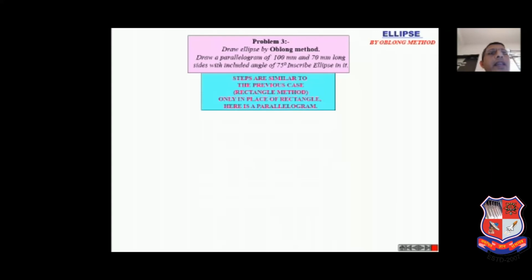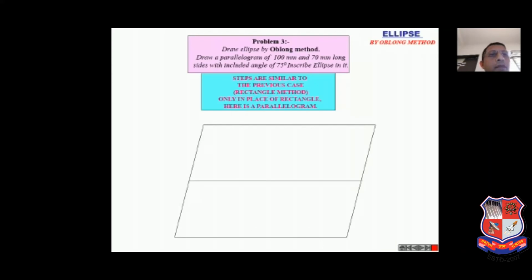Here steps are similar to the previous case, but the previous one is drawn by the rectangle method. In this method, in place of a rectangle, here is a parallelogram which is at 75 degrees. Then the remaining procedures are the same as that of the rectangle method.